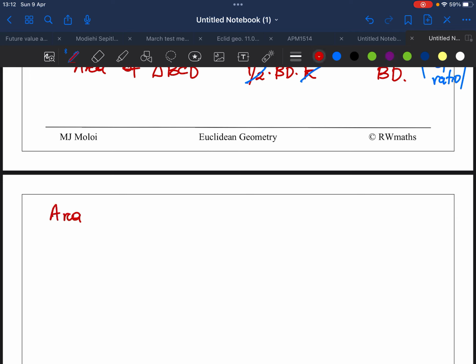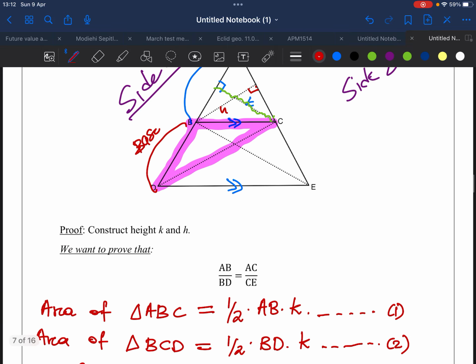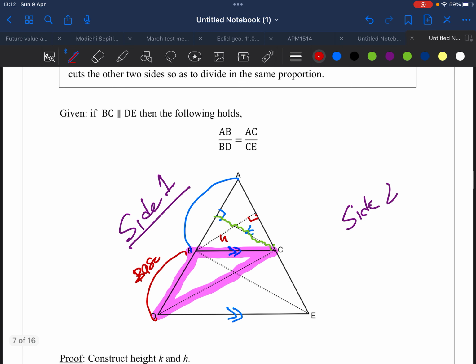Looking at this side, our perpendicular height is H, not K, because we have exhausted the K there.